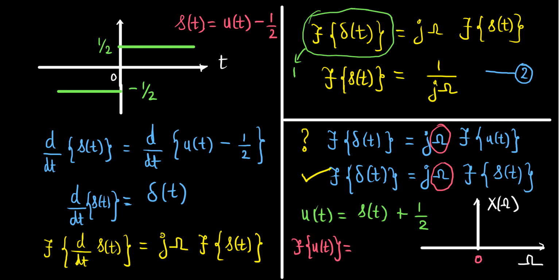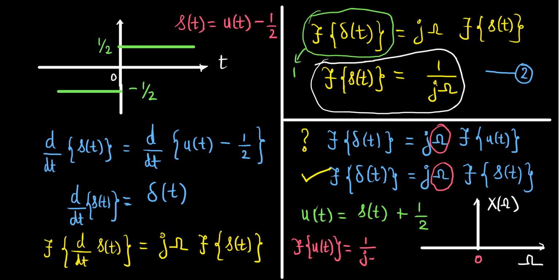The Fourier transform of s of t is 1 upon j omega, and that appears to be correct. So we'll be using this equation, equation number 2, to give 1 upon j omega.